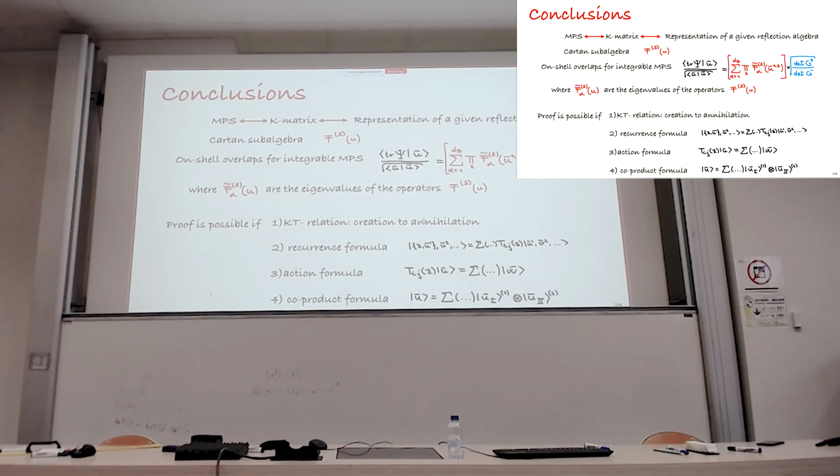But for the rational case, every K matrix you can use the similarity G and G inverse to reduce to the diagonal ones. But for the trigonometric case, that doesn't work. I just asked the question. Yeah, but in the trigonometric XXZ case also, the most general K matrix has, I don't know, 3 or 4 parameters, and I use this most general parameterization where all the K matrix entries are non-zero.